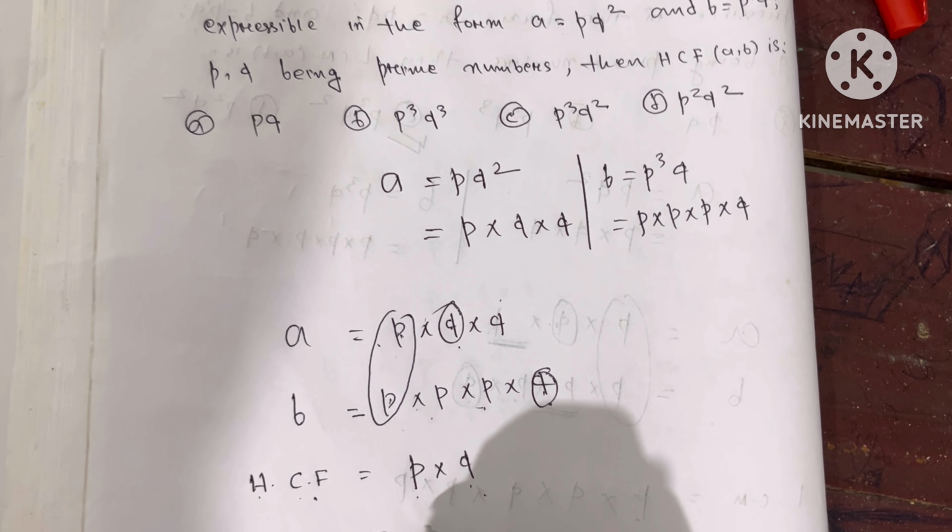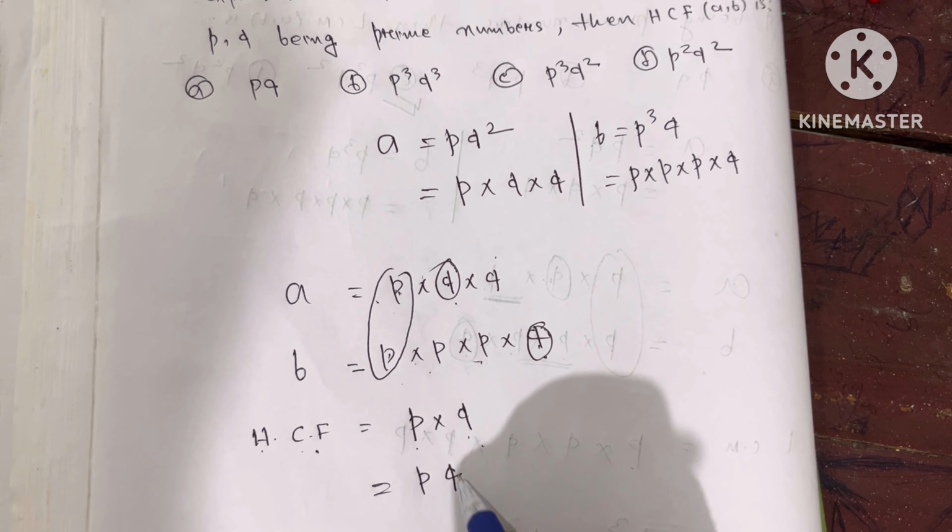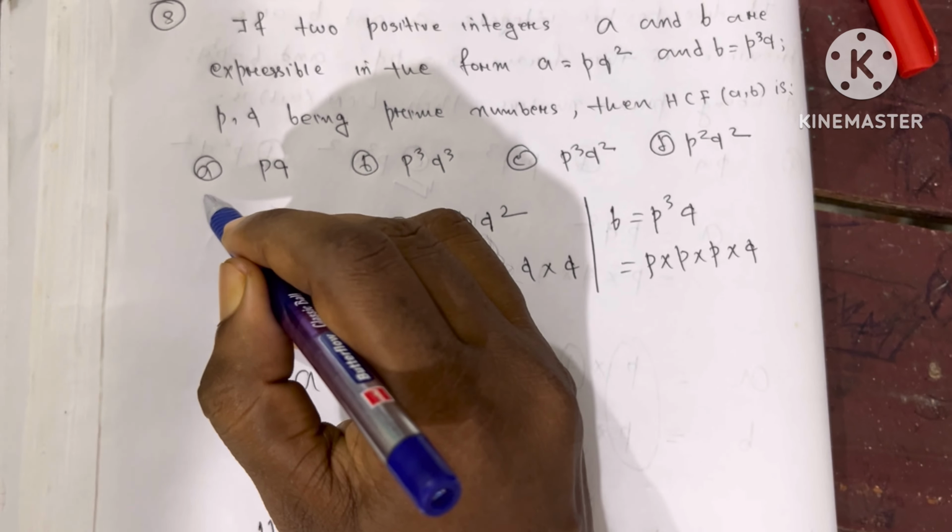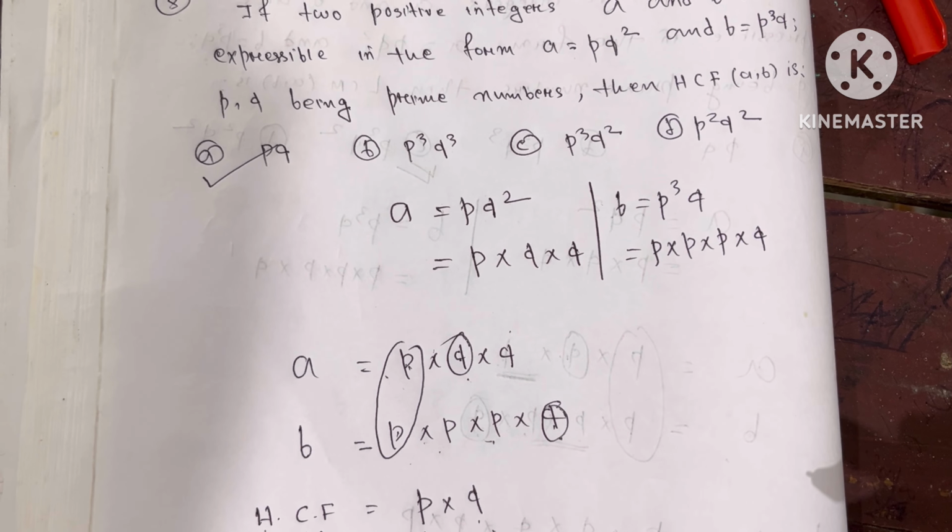If you multiply, the answer will be p into q. So option A is correct.